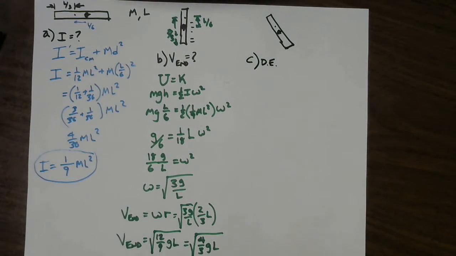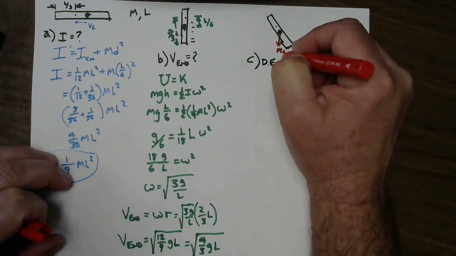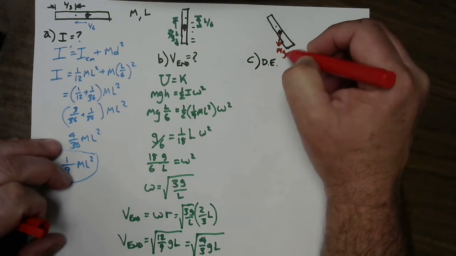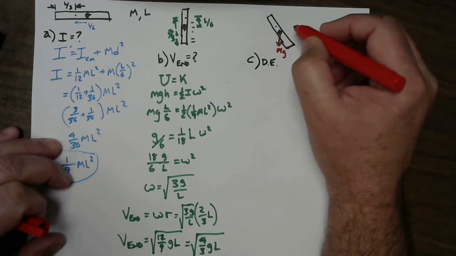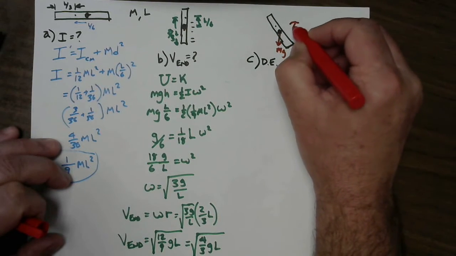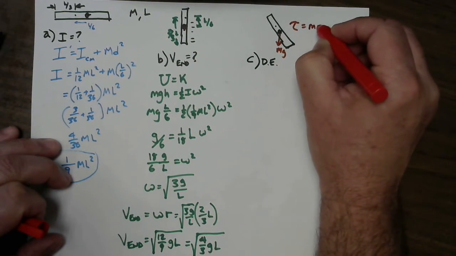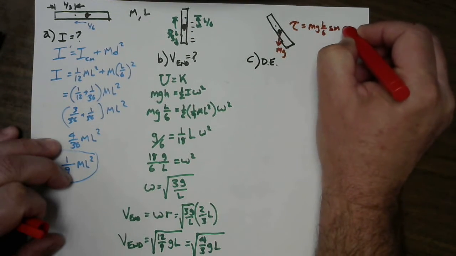Okay, so for that we're going to have to analyze the torque, the restoring torque. There's a force, mg. It is located a distance of L over 6 away from the pivot point, and we have to include a term because it's not properly aligned. So I'd say that the restoring torque here is mg L over 6 times the sine of the angle.